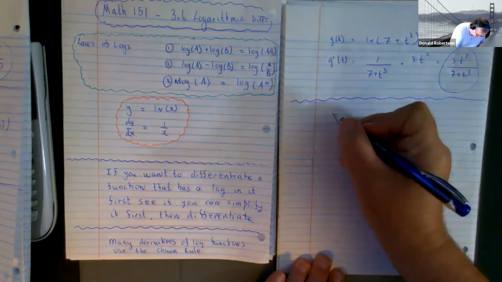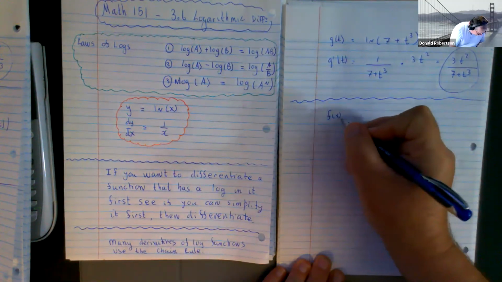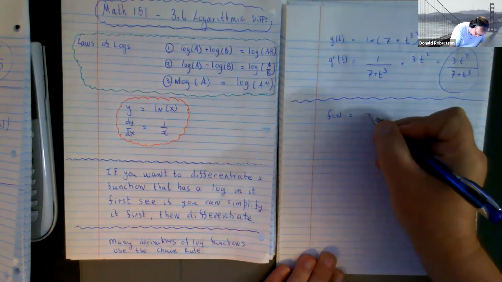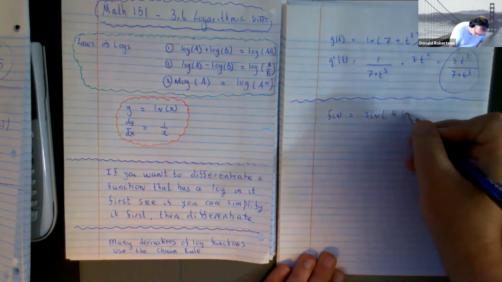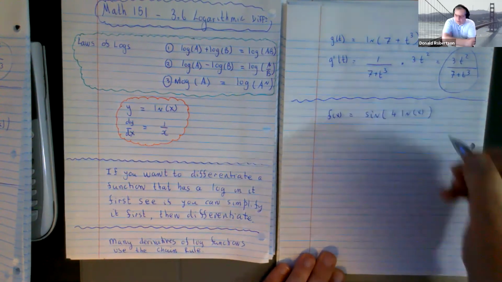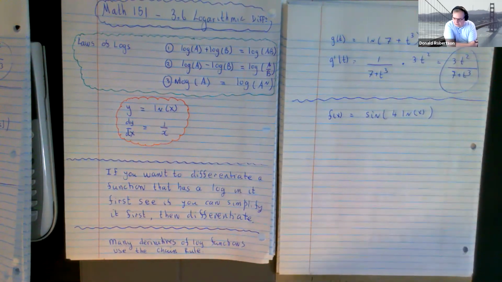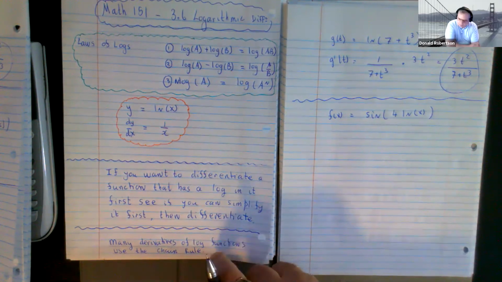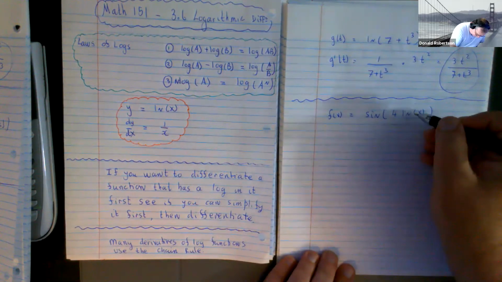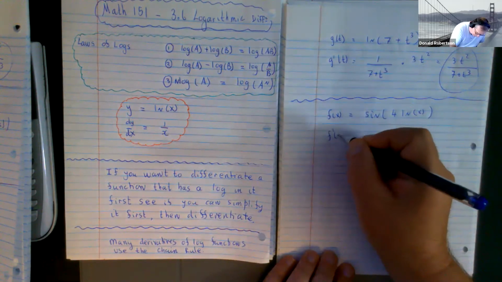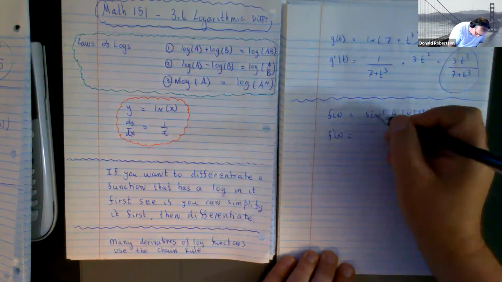Now you could have a function like this. Now it also has a log in it. It has a sine in it. And it's going to be a chain rule. So it's a log of something. So you want to find the derivative of the log of something.